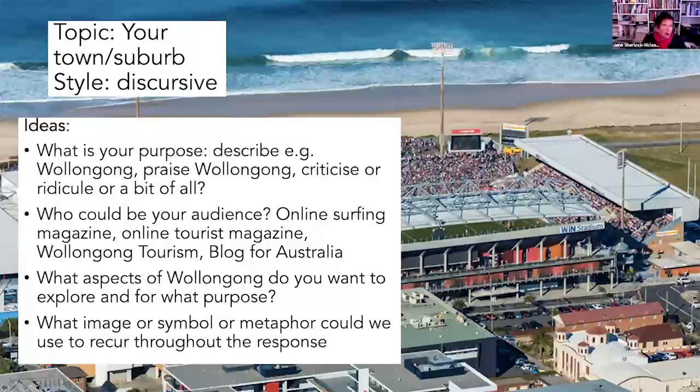So what aspects of your town? And think about where this would best suit. You could see, it might be on an online surfing magazine or a tourist blog or a blog for Australia that you're trying to encourage people to visit.